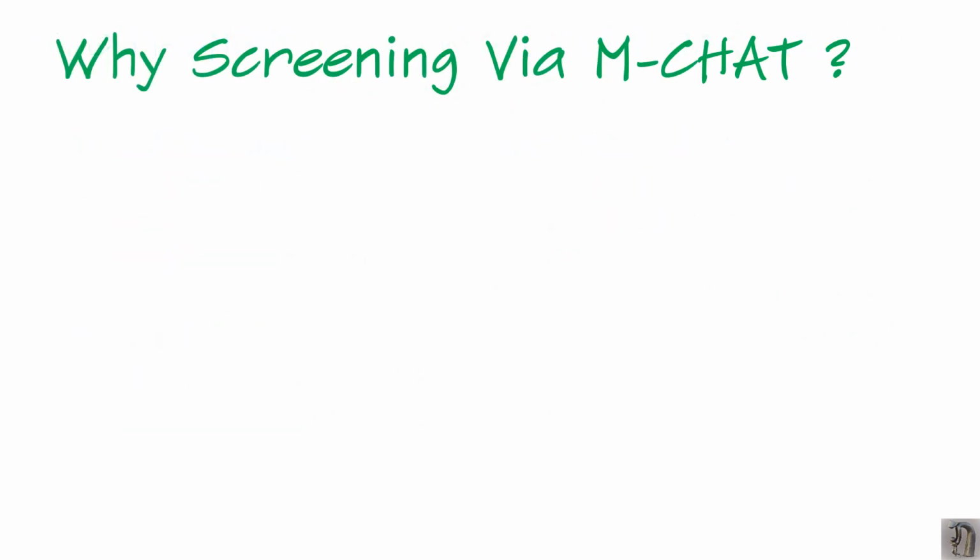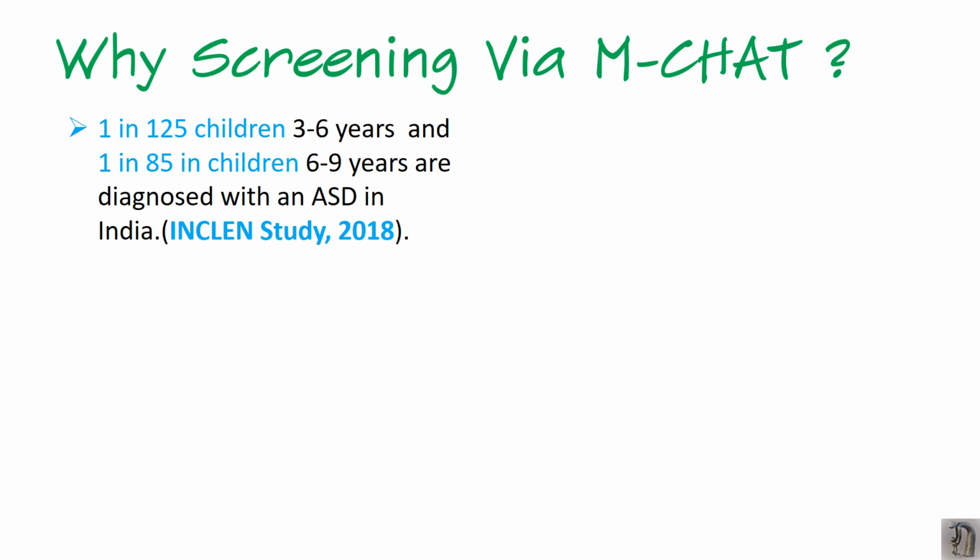So why screening via M-CHAT? Why do we have to do a screening via M-CHAT? As you know, 1 in 125 children aged 3 to 6 years, and 1 in 85 children aged 6 to 9 years are diagnosed with ASD, particularly in India, by 2018 according to INCLEN research. As you know, autism in children is increasing drastically day by day, so it is very important to screen and provide a particular intervention.